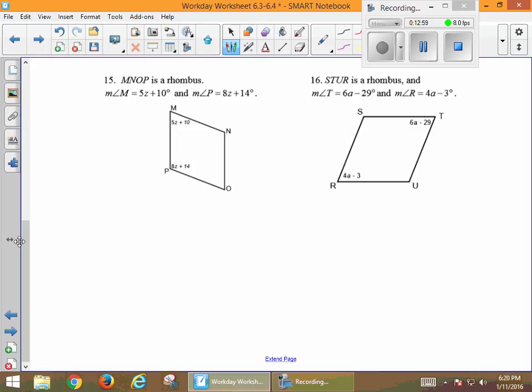Quadrilateral MNOP is a rhombus. Measure of angle M is 5z plus 10, and the measure of angle P is 8z plus 14.